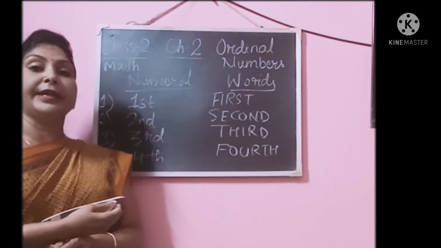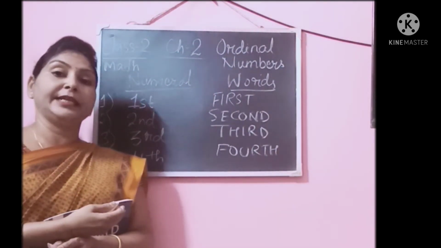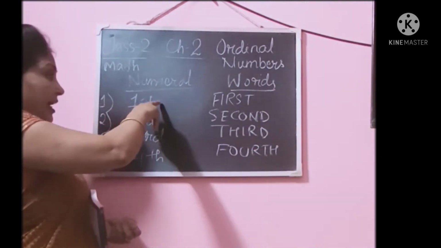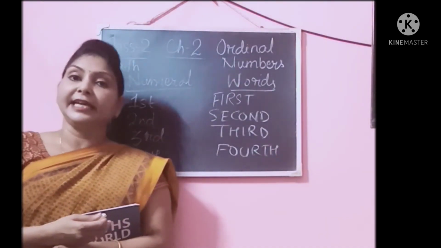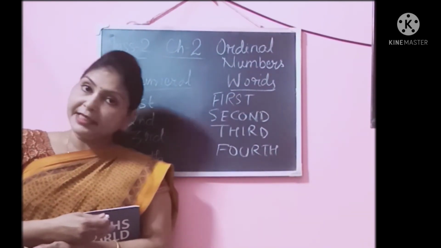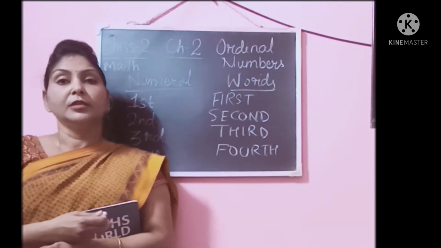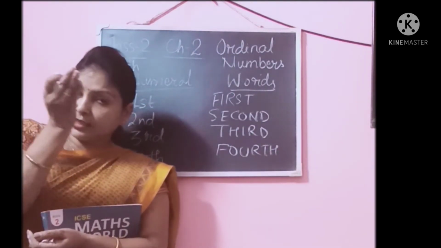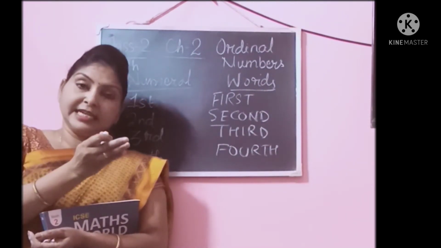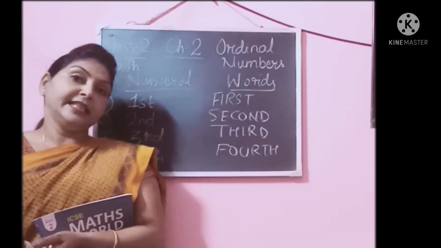Like the tens place, whatever is there, we write that, and then the numbers from 1 we count. As we give the position to the numbers, likewise we will write. But in your class you have to learn ordinal numbers till 20th.